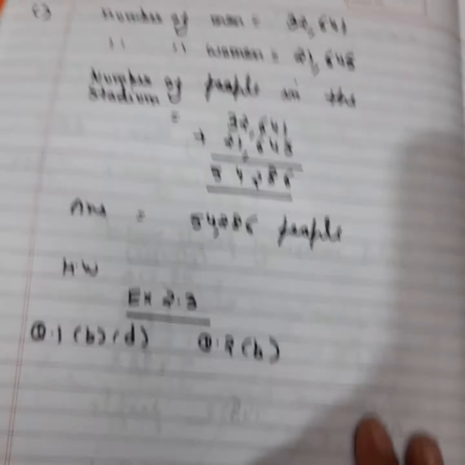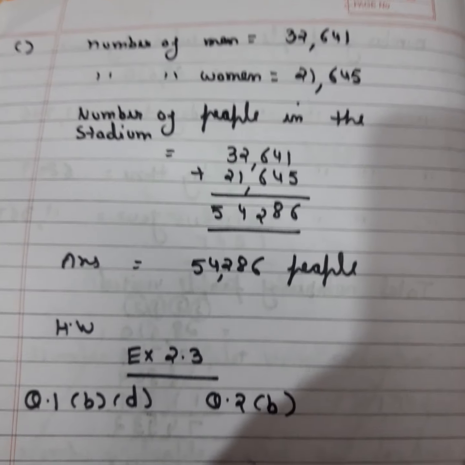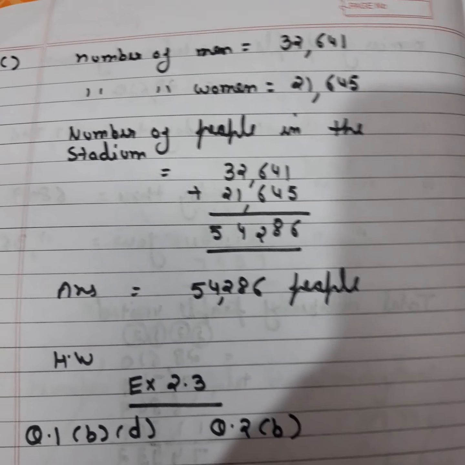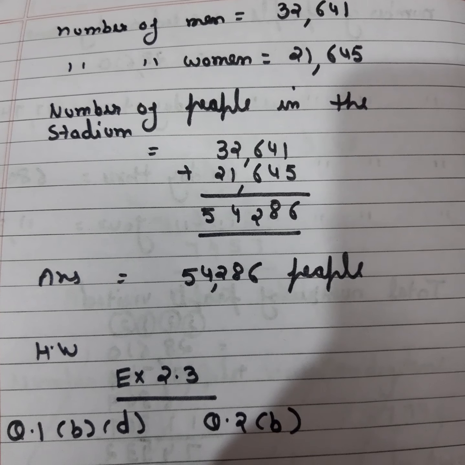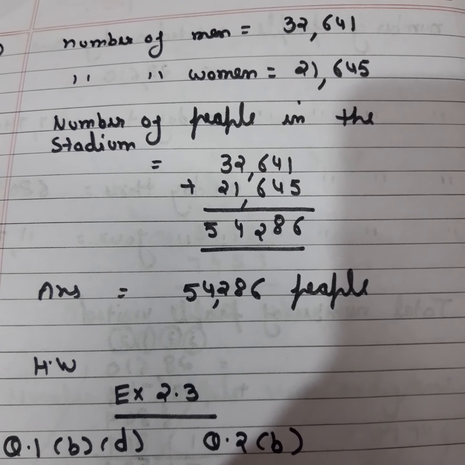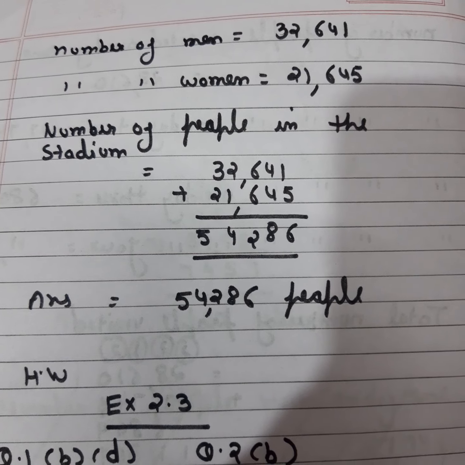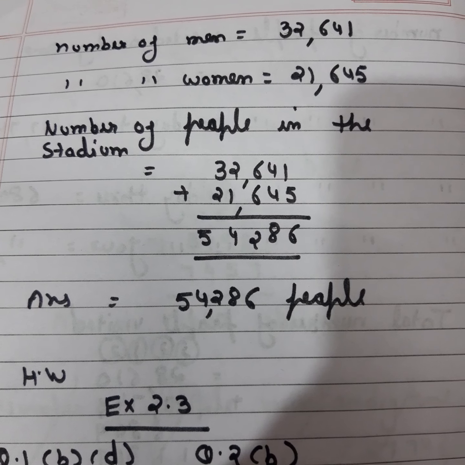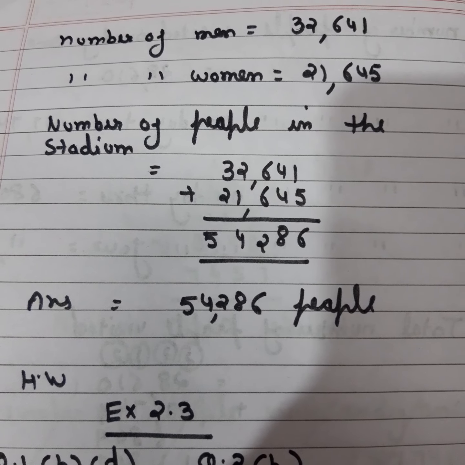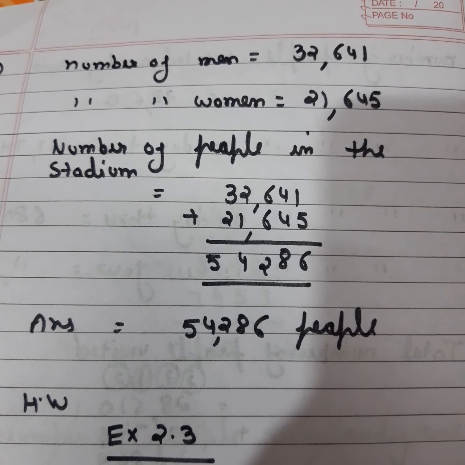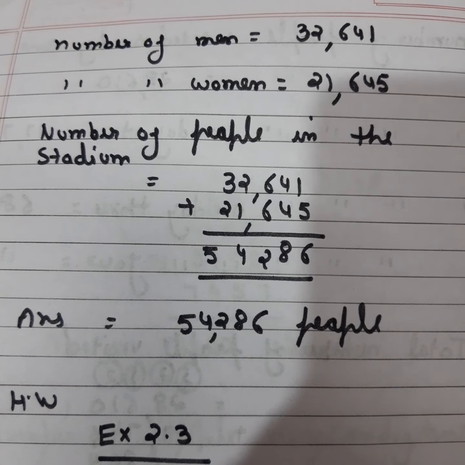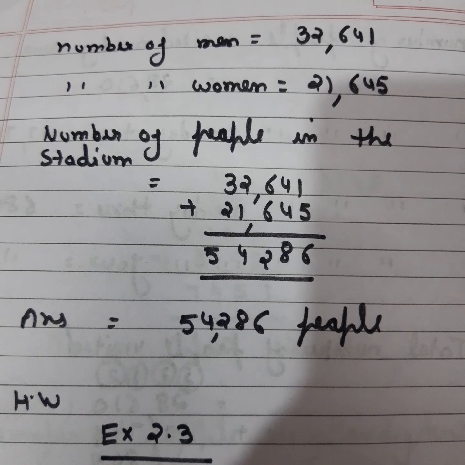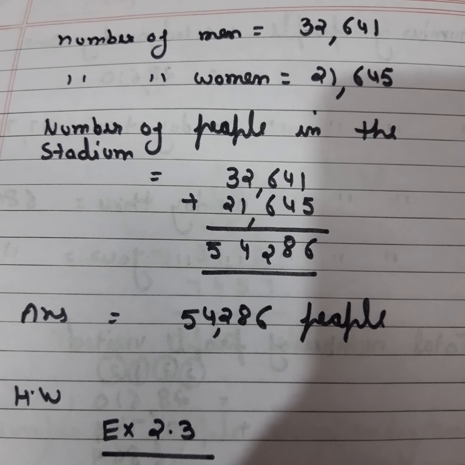Now the C part of the same question. I'm just reading the statement for you. I'm not writing it here. Later on you can read it from your book also. It is given that the number of men in a stadium are 32,641 and the number of women in a stadium are 21,645, and the total capacity of the stadium is 80,000.